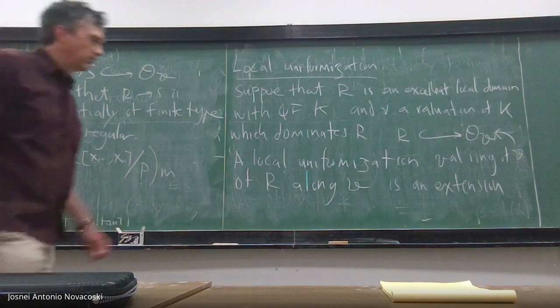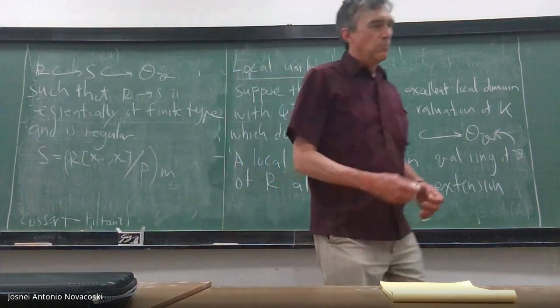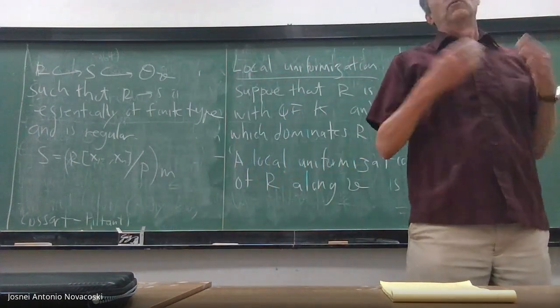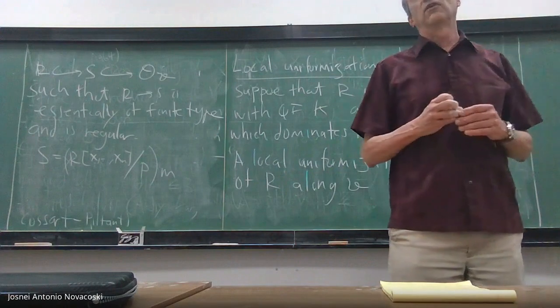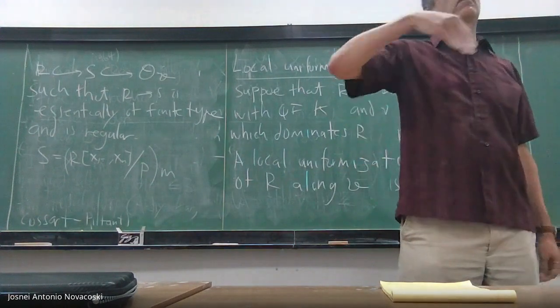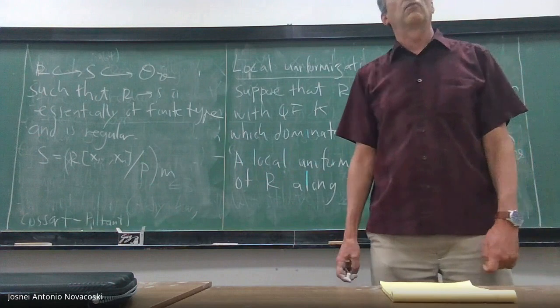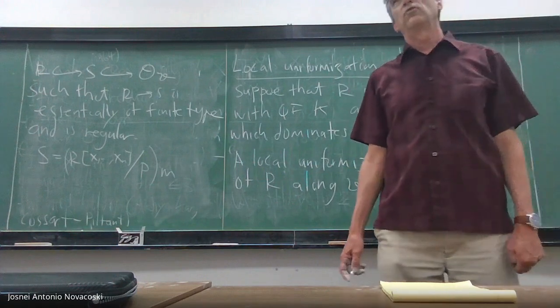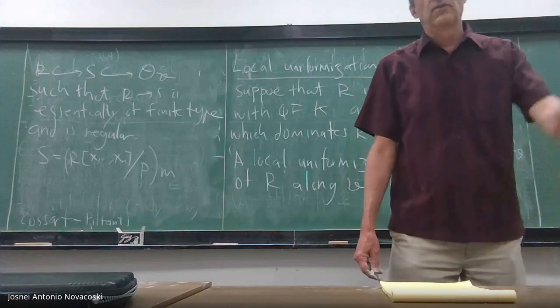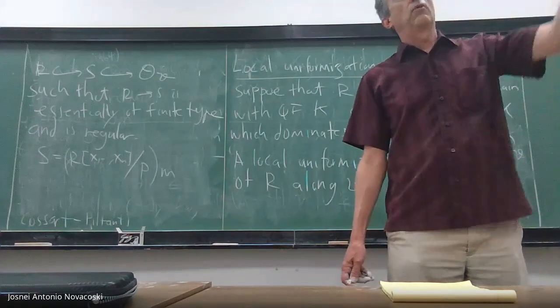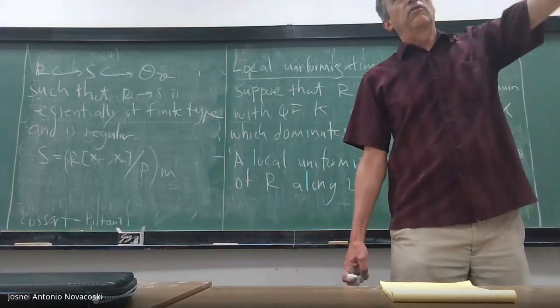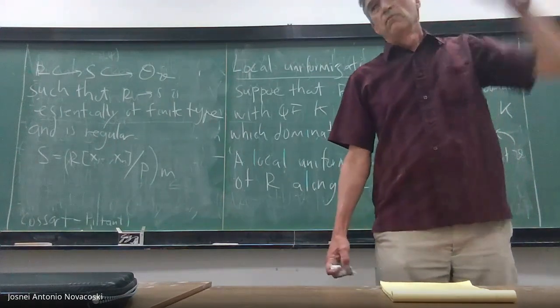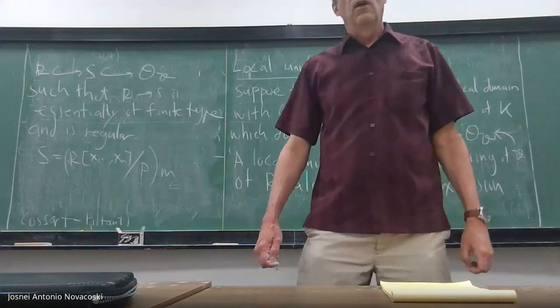So you do this, and then you blow those points up again, normalize, get only finitely many singular points, and you keep iterating this, and hopefully you'll end up with something eventually that's non-singular. But what happens if you don't? Well, that means you have this infinite chain of points where you just keep blowing up, and all of these points are always singular. And that determines a valuation ring.